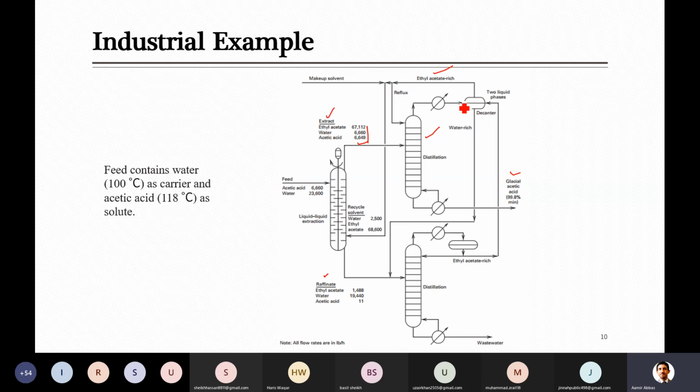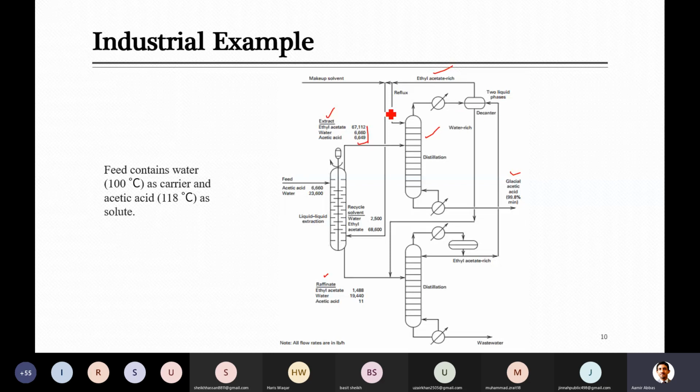They are separated from here: water is the heavier component and settles at the bottom, and ethyl acetate, which is lighter, settles at the top of the liquid. Then the ethyl acetate, which is the solvent, is recovered. This is recycled back to the extraction column along with some makeup of the solvent, while some part can be refluxed as well.